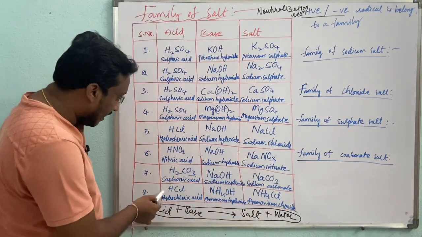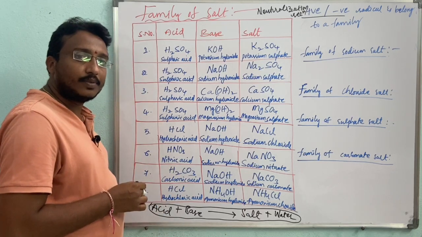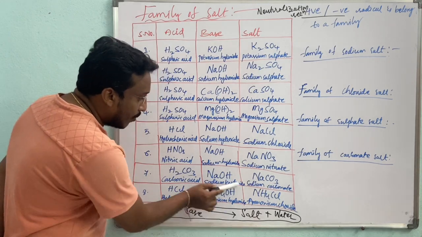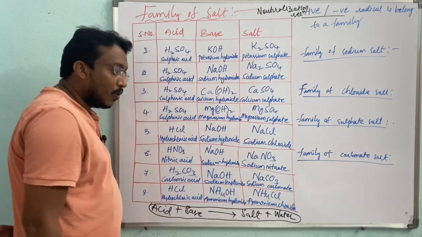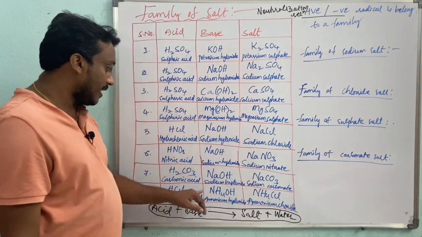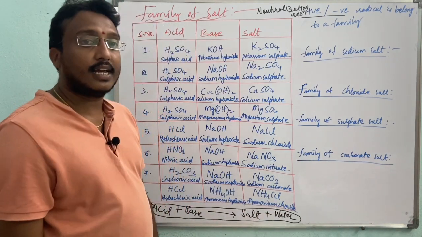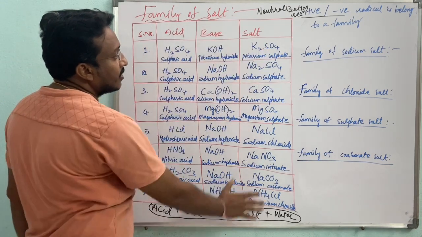In our last example, hydrochloric acid reacts with ammonium hydroxide. When HCl reacts with NH4OH, we get ammonium chloride NH4Cl. These are the acids, these are the bases, and these are the salts.